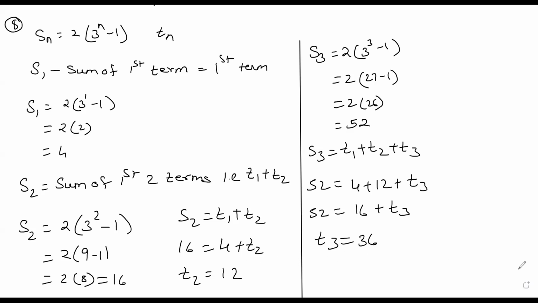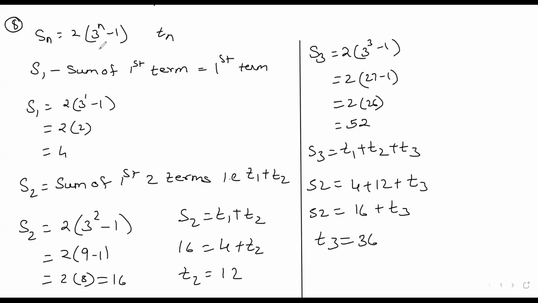So there is one more method of finding this. Tn is Sn minus Sn minus 1. We can put n minus 1 here and find out.